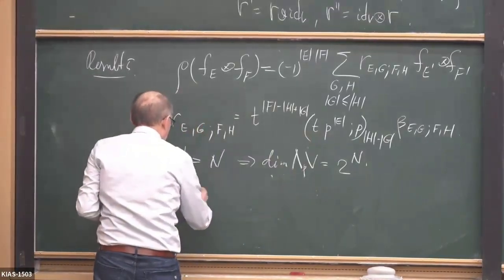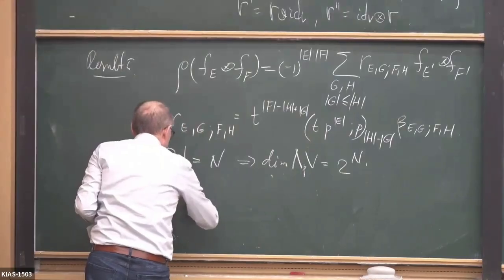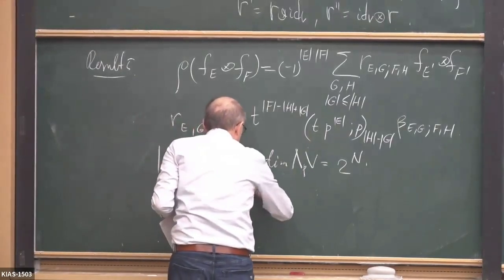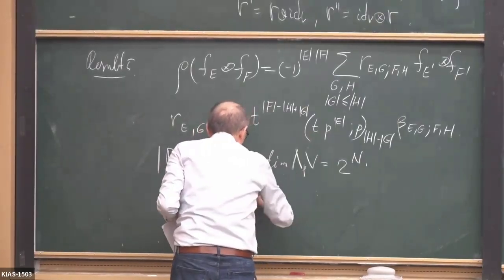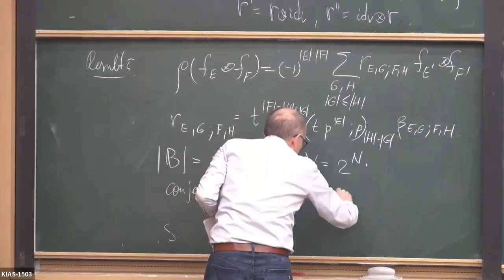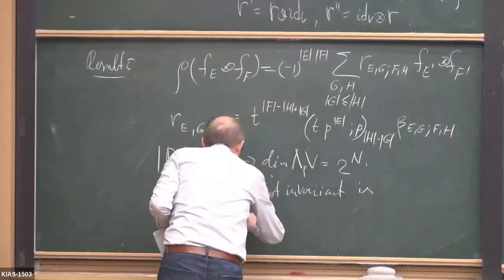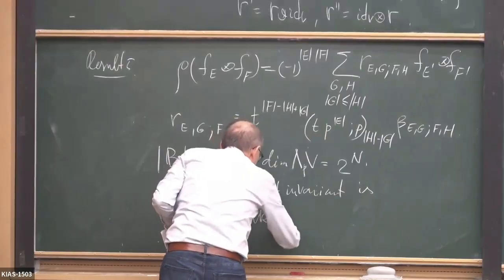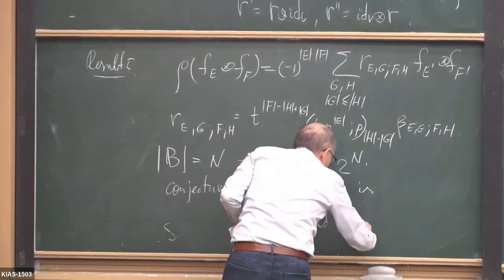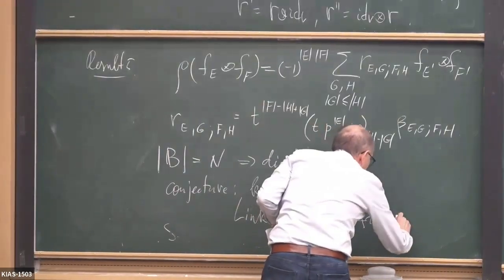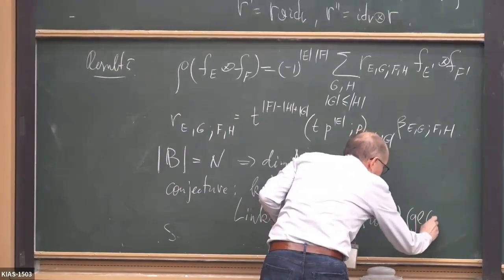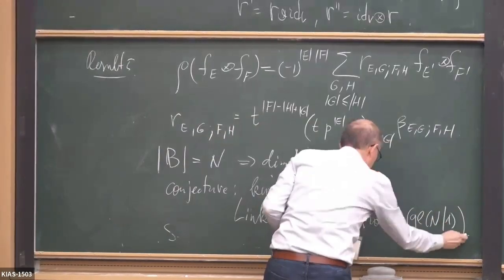And then the conjecture is that the invariant is the Links-Gould invariant from U to GL(n|1).